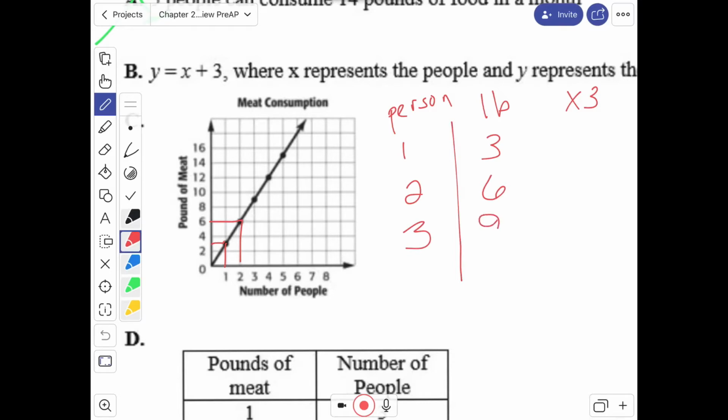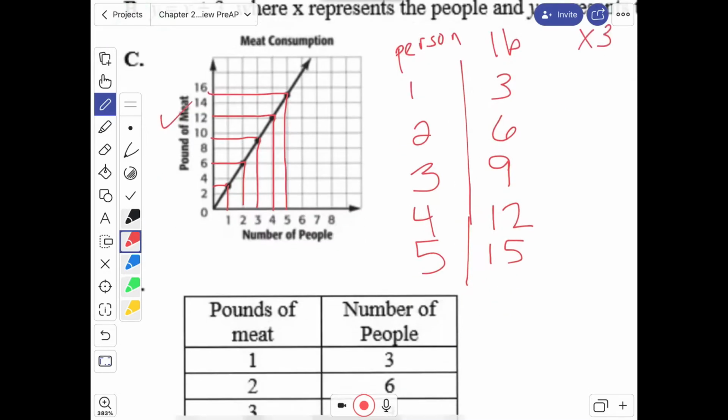Yes. 3 people would be 9. Yes. And then 4 people would be 12, because 4 times 3 is 12. That's what the graph shows. And the last dot is 5, and 5 times 3 would be 15, and that is what the graph shows. So that one may be it.